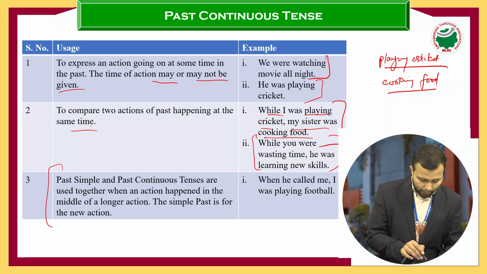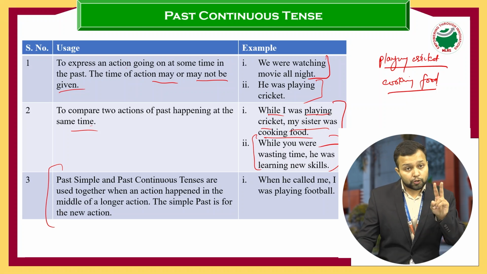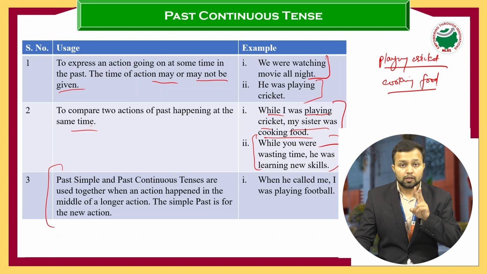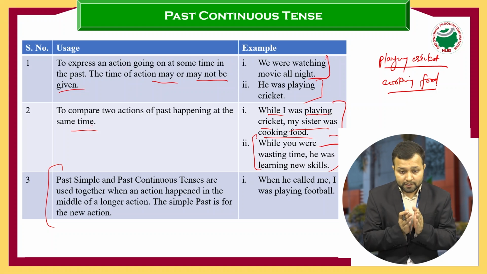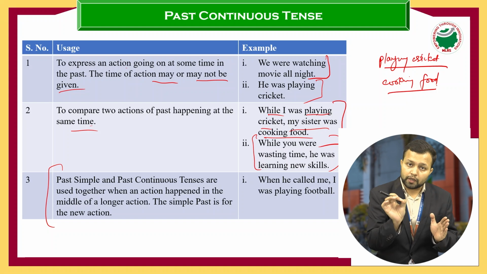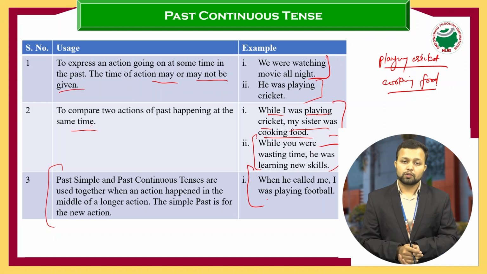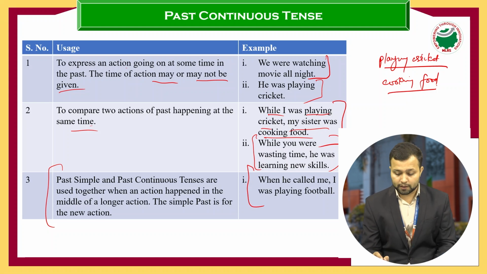Next, past simple and past continuous tense are used together when two actions are mentioned in the sentence. One action was continuous for a period of time, and second action happened in between that period of time. For example, when he called me, I was playing football. Now two actions are happening in the sentence. First, playing football.